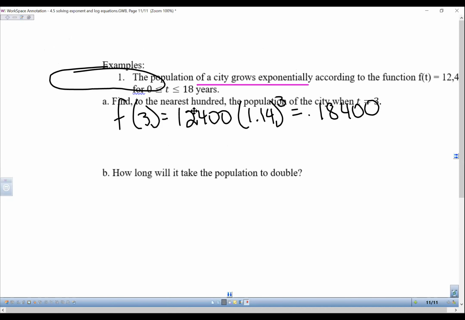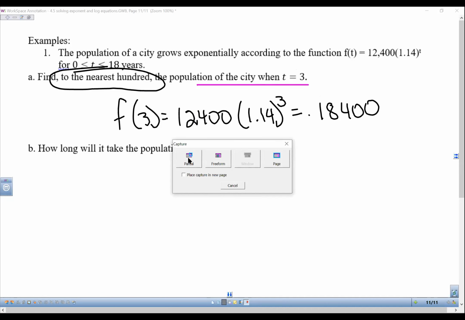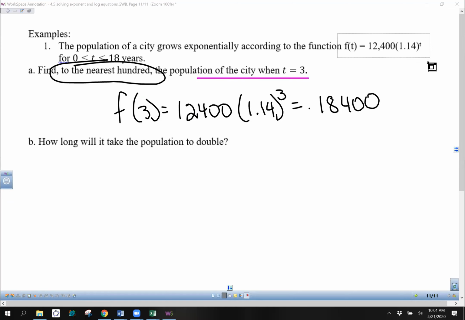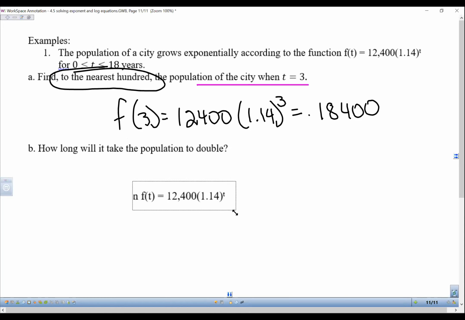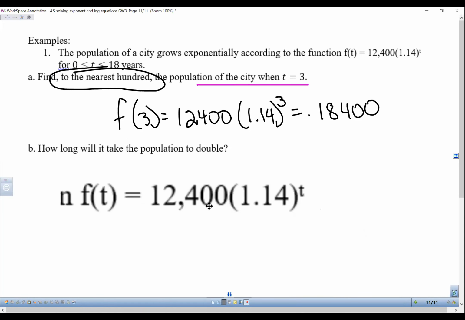So the 12,400 didn't quite work right. Let's try that again. There we go. The 12,400, if we start at 0 years, when t is 0, then the answer would be 12,400. So 12,400 is our starting population.